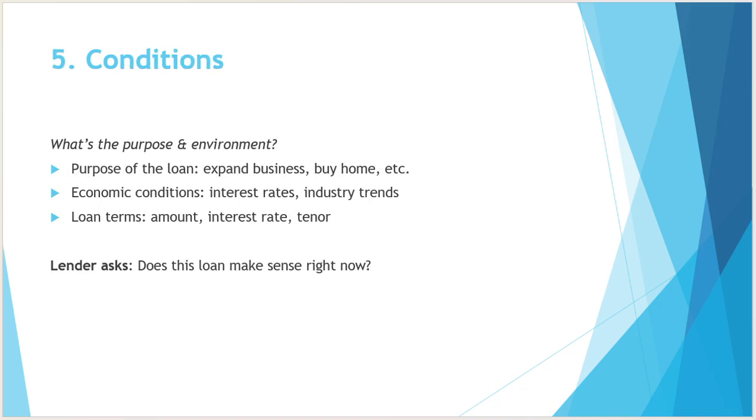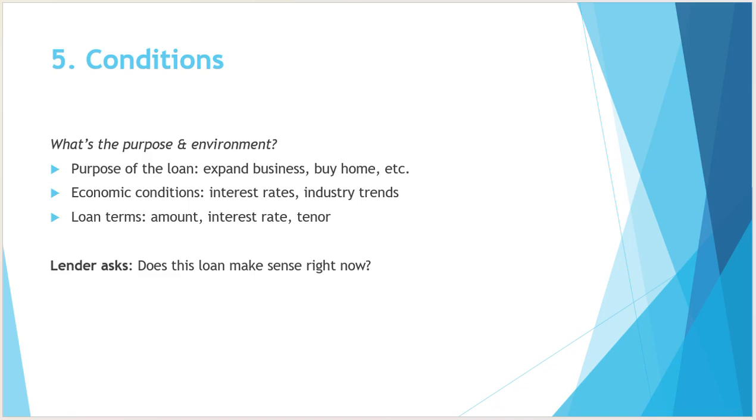So let's discuss the last of the 5 C's, which is the condition. Let's go through them one by one. The first one is character, the second is capacity, the third is capital, the fourth is collateral, and the fifth is condition. So let's discuss the condition. It covers the purpose and the environment for the loan, and whether that person is eligible and willing to pay the loan amount, the principal and the interest charged by the bank.